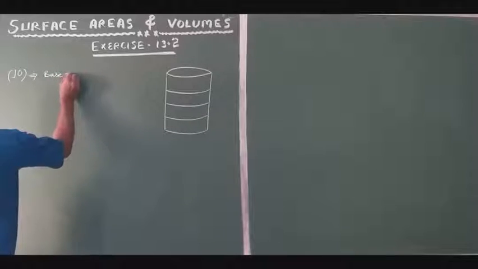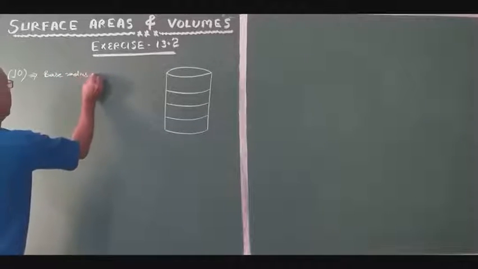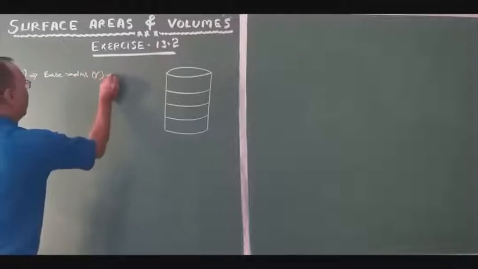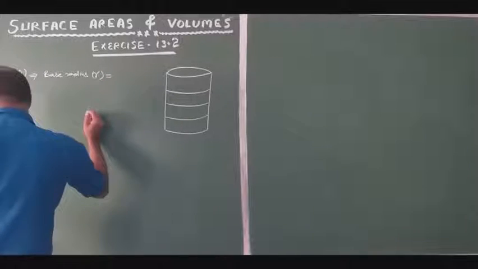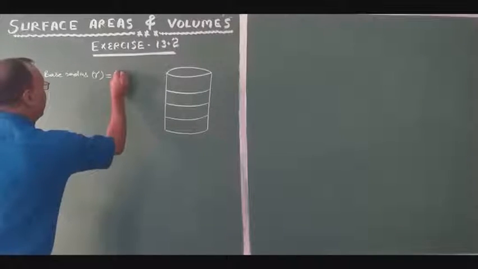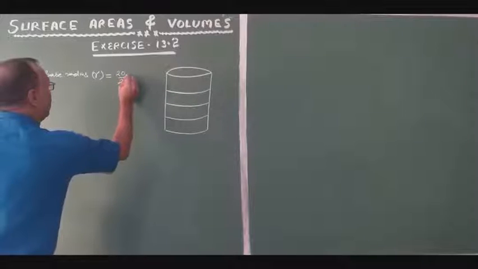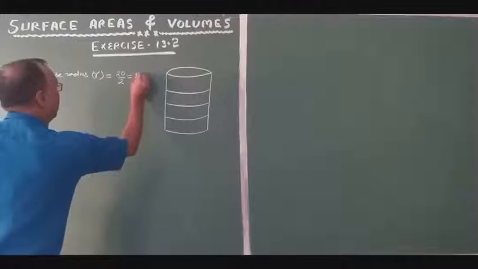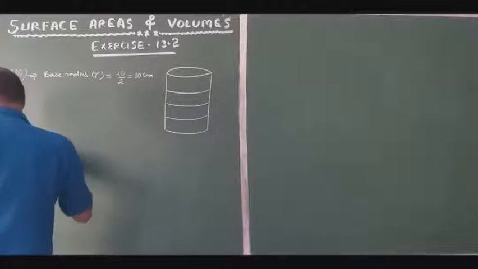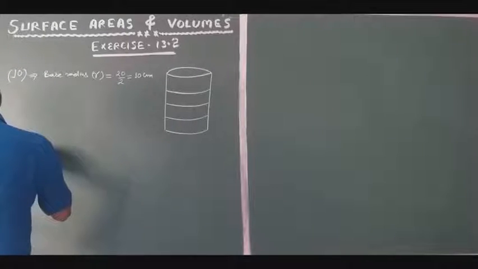The base radius R will be, the diameter is given 20 centimeter, so this will be 20 upon 2, that is 10 centimeter, and a height of 30 centimeter.